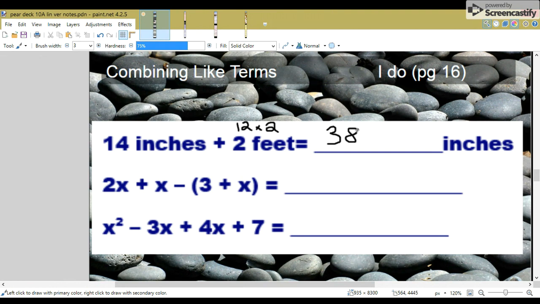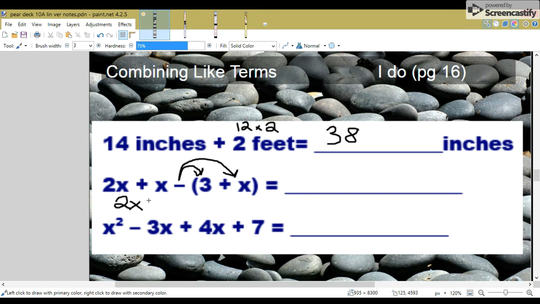38 inches. Okay, now we have 2x plus 1x minus parentheses 3 plus x, close parentheses. So first we would distribute that negative into each term. Distribute, multiply each term.